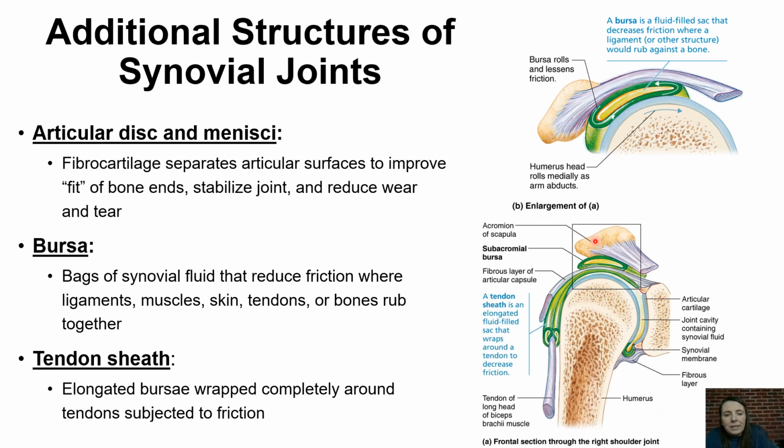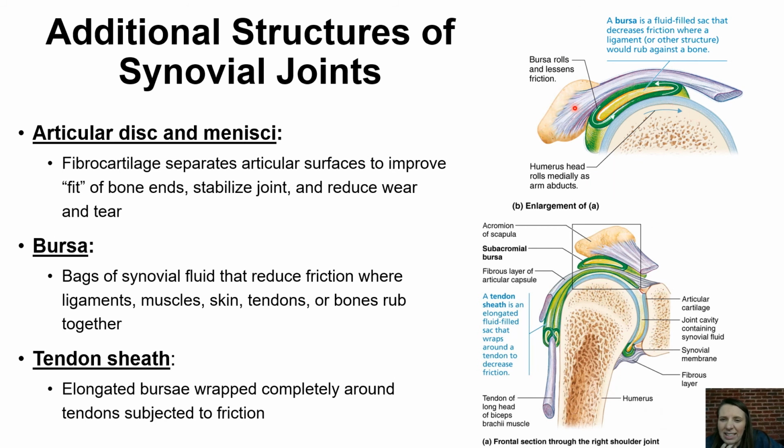In addition to articular discs and menisci, bursa are these bags of synovial fluid that function to reduce the friction where ligaments, muscles, some skin, tendons, or bones might rub together. And so that's this top picture over here. This would be in the shoulder.